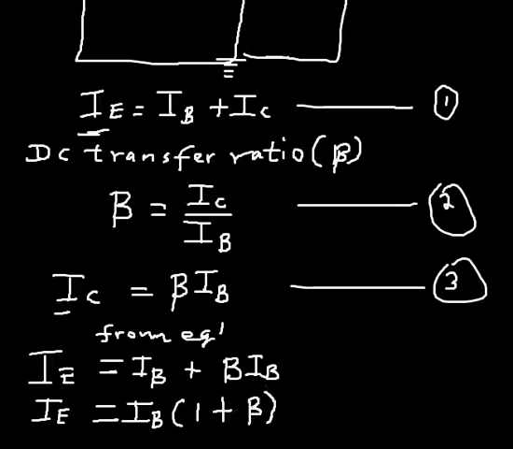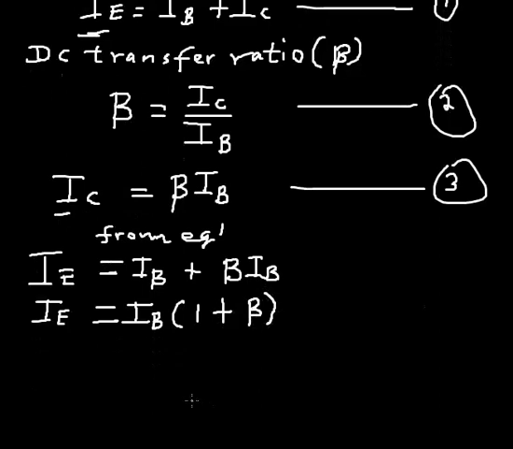So IE is equal to IB multiplied by 1 plus beta. Please take note of this formula.